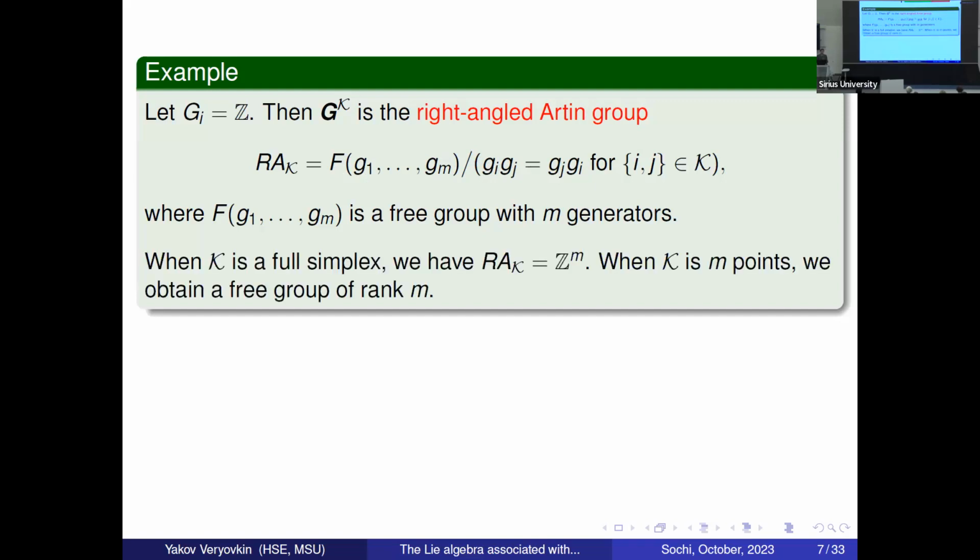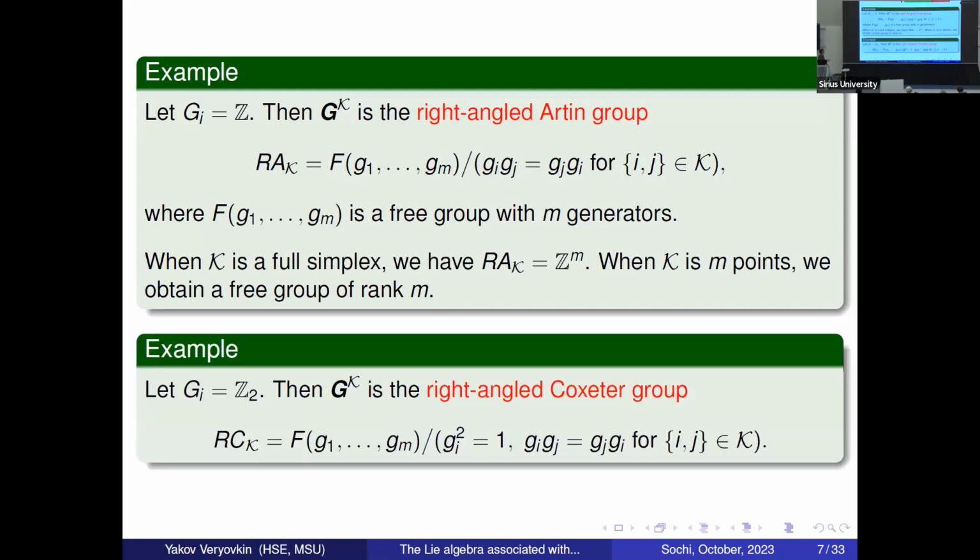When K is a full simplex, we have that the right-angled Artin group equals Z^m, of rank m.